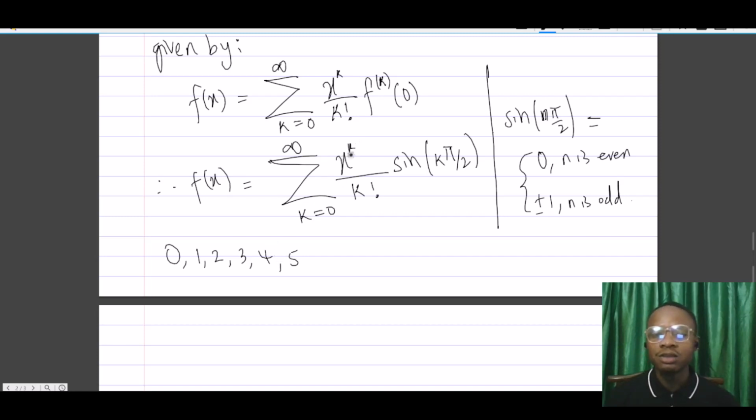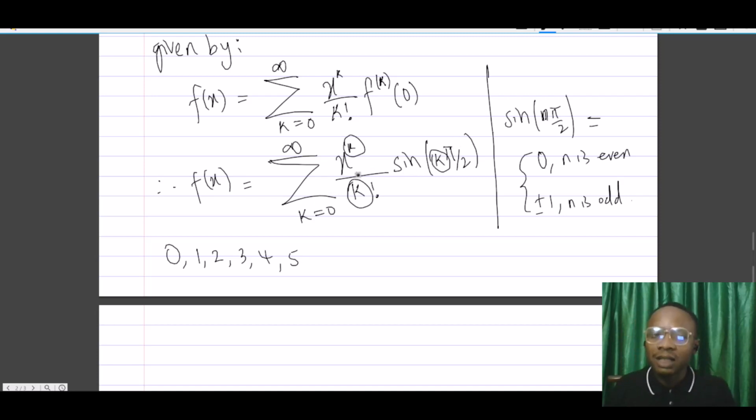Now we know that when this expression here and this one here are even, of course this one also will be even. When that happens, everything will be 0, so there will be no term.